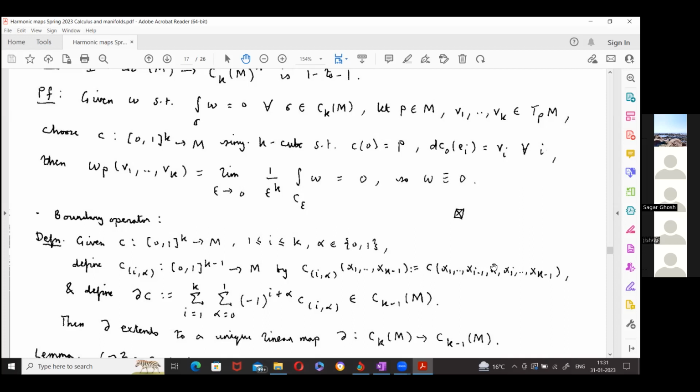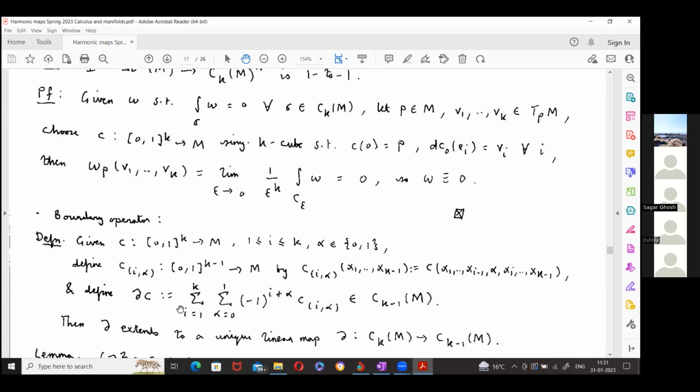So alpha is either 0 or 1, right? We're essentially restricting C to one of the 2k faces of the unit cube.